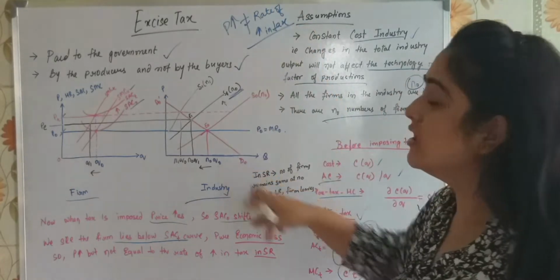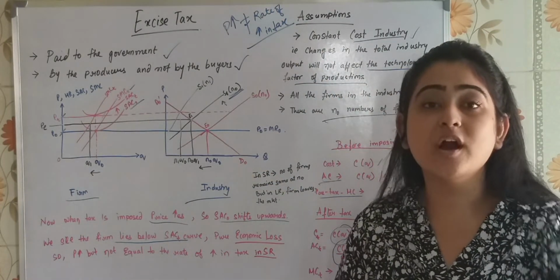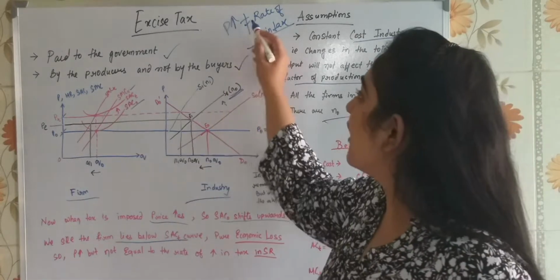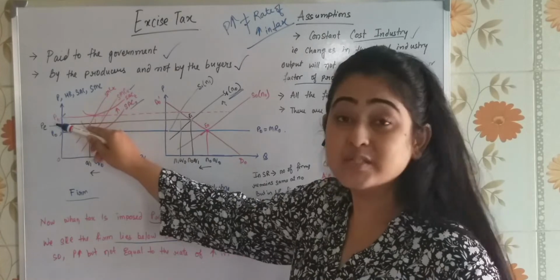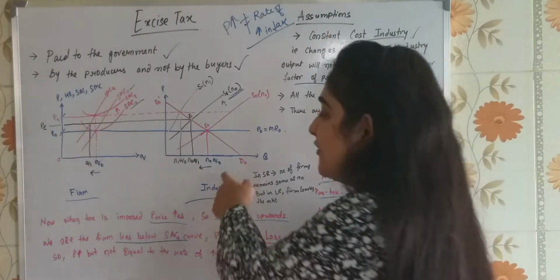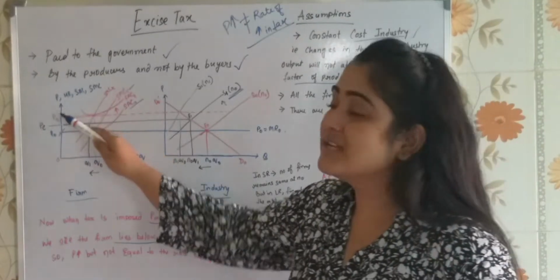Why? Because here the demand curve is downward sloping. If it were vertical, it would have been equal. So the tax increased by this much, but since the demand curve is downward sloping, the price will not increase by that much.